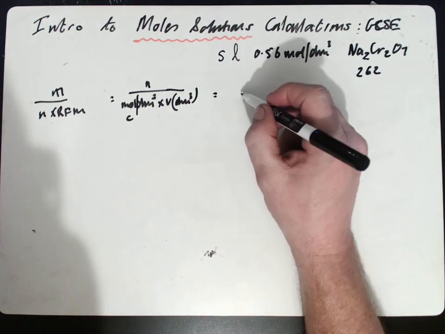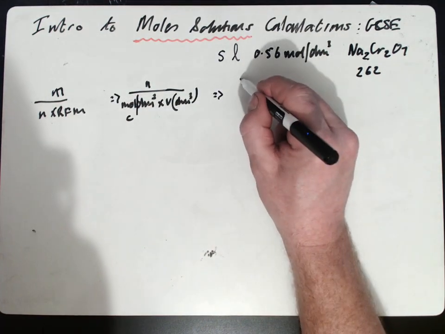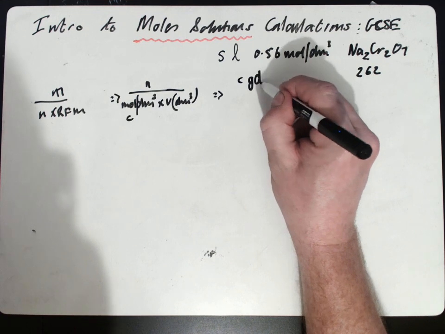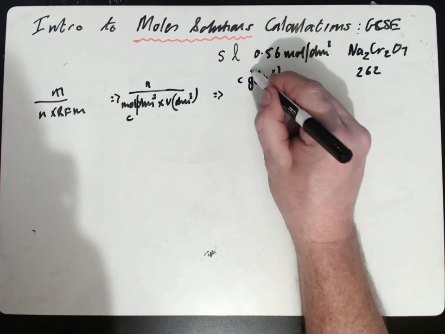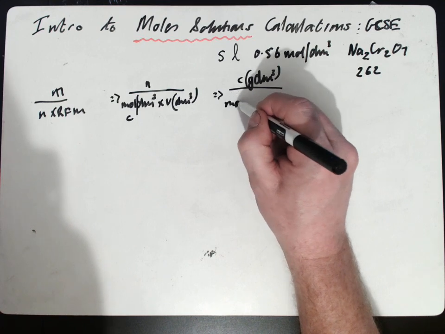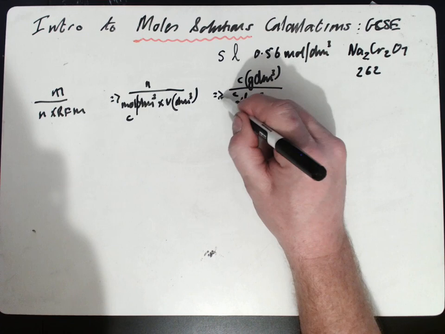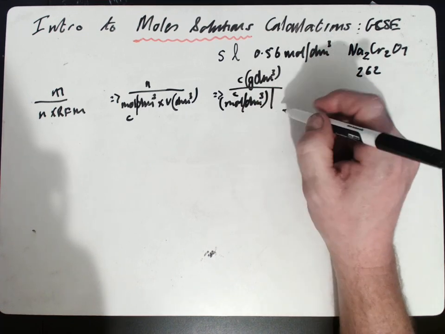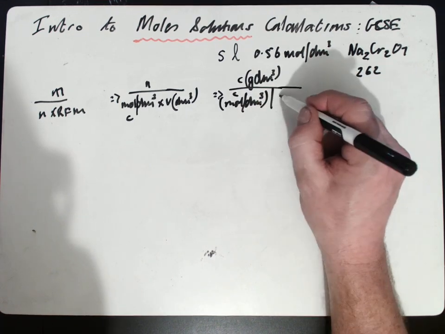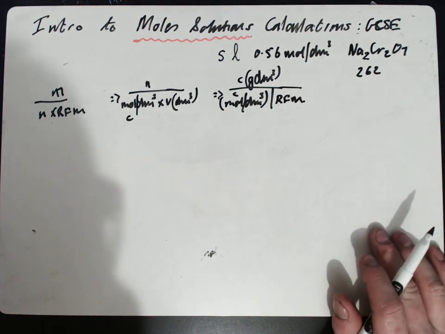And we've also then got concentration in grams per dm cubed equals concentration in moles per dm cubed multiplied by the RFM.